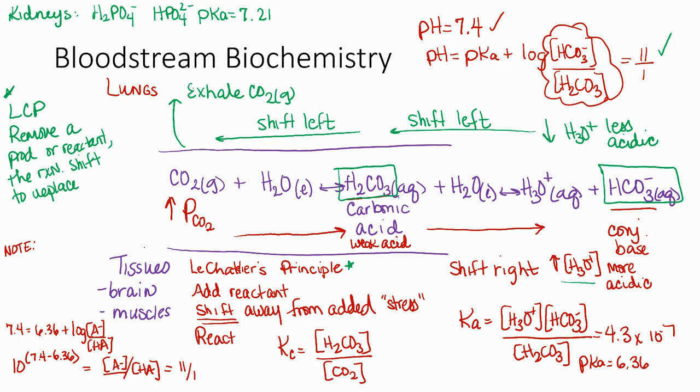And then in chapter 4, we're going to talk about how hemoglobin plays a role. Okay, so imagine then that you have the scenario of exercise where you increase the amount of H3O plus in the blood. Then we compensate for that by exhaling more CO2. Other acids that can play a role would be like lactic acid.